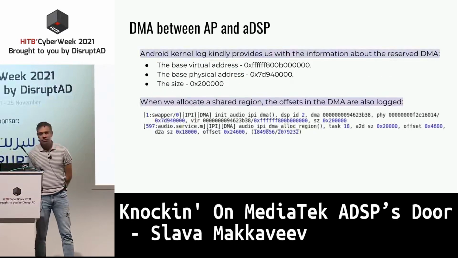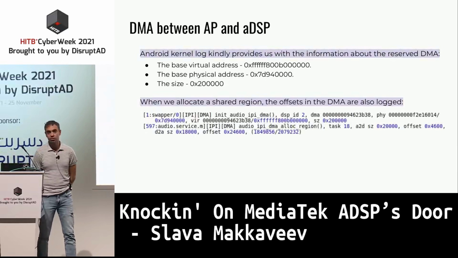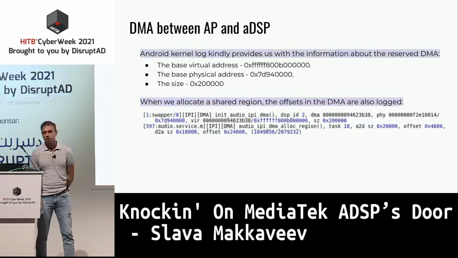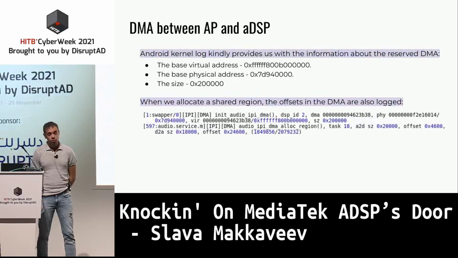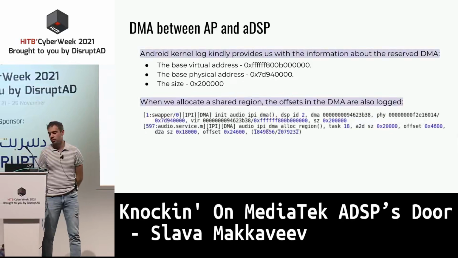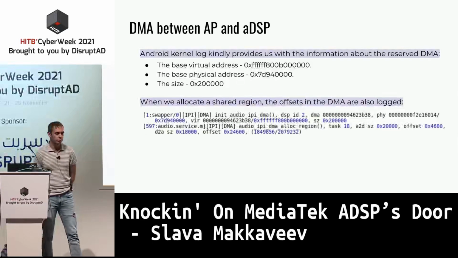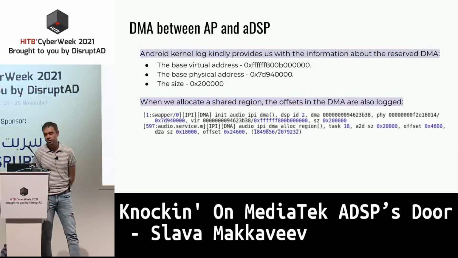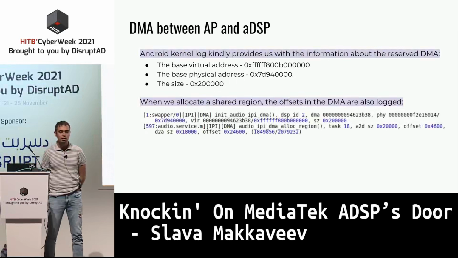On my Xiaomi device, the Android kernel log has kindly provided us with information about the global dedicated direct access memory intended for communication with the audio DSP. We know the base address and the size of this memory, and it's really strange to log such information, I think.